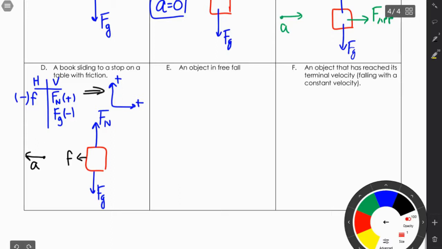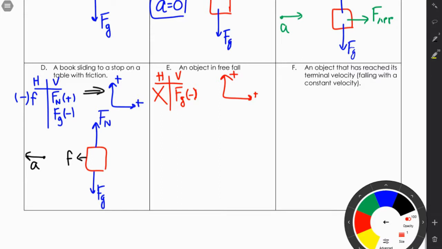Okay, an object in free fall. Okay, so remember, we talked about free fall, the object is falling, so there's no horizontal, and the only force acting is Fg, right? And so here's a positive, positive. So no, there's no surface, so there's no normal force.